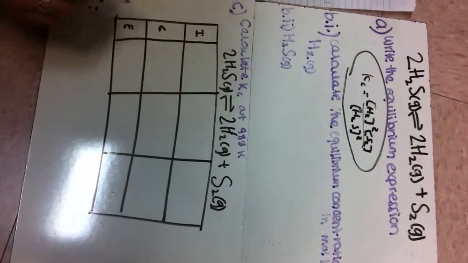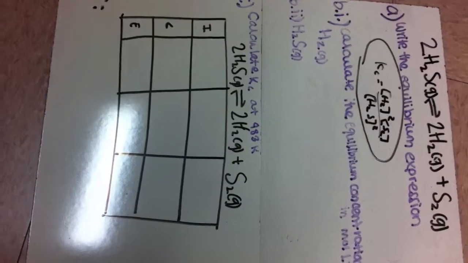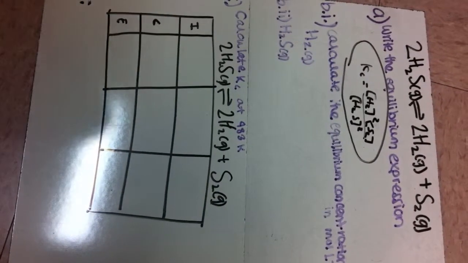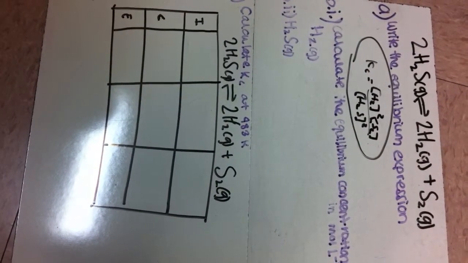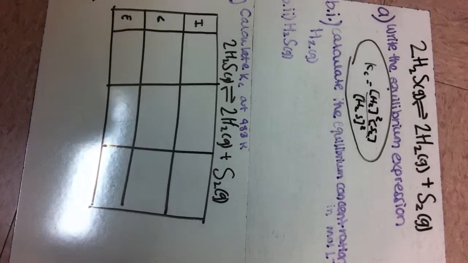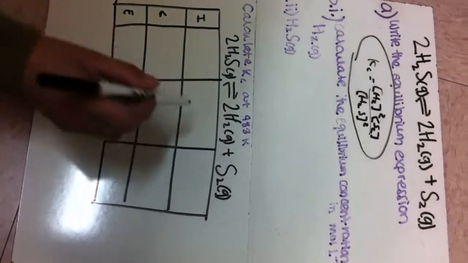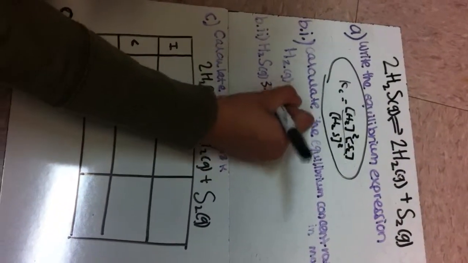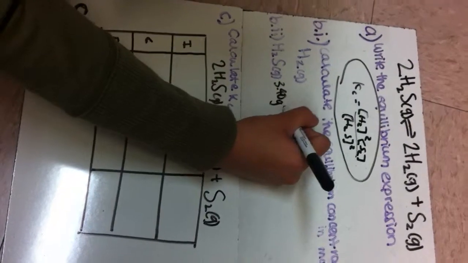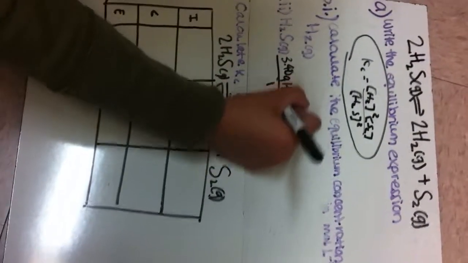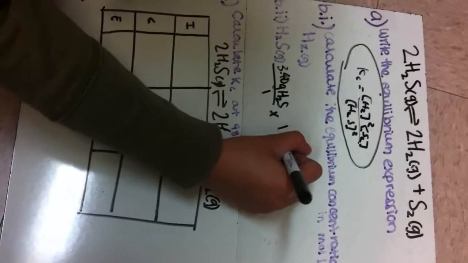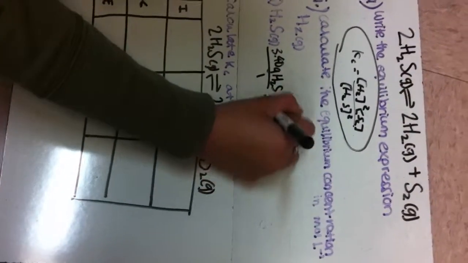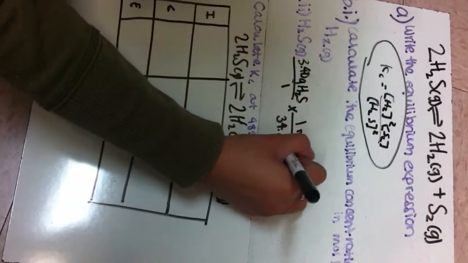To start off, we need to find the molarity of H2S and the moles of S2. We start off with 3.40 grams of H2S times the mole of H2S over the molar mass, 34.02 grams.